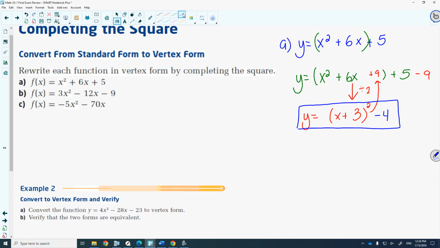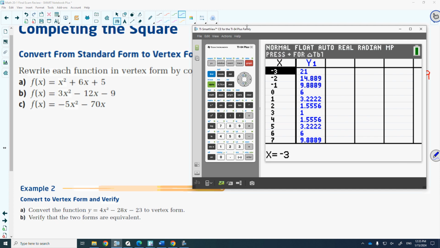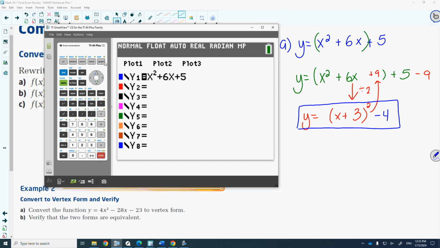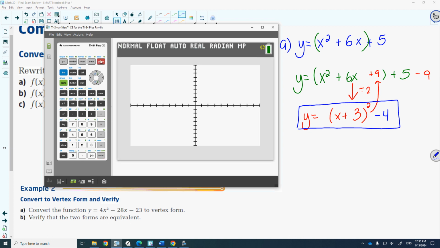Any completing the square question, you want to check on your calculators. So in order to check a completing the square question, in y1, you punch in the original equation in standard form or expanded form, so x squared plus 6x plus 5. Then you put what you think your answer is in vertex form.